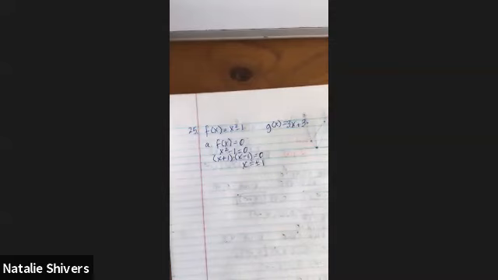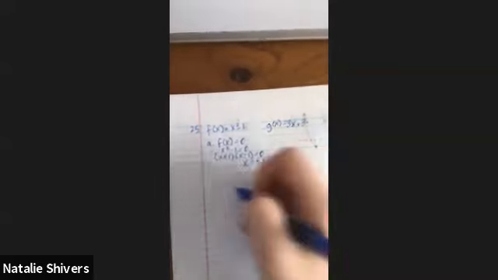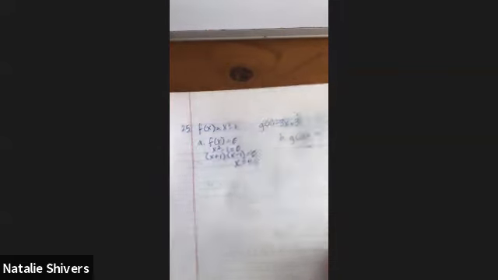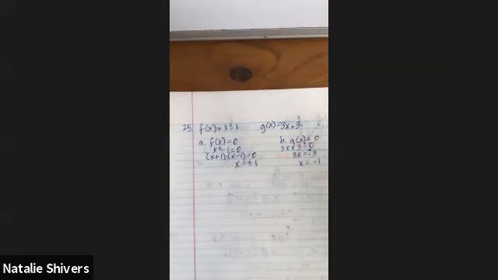Okay. So B asks, when is g of x equal to 0? So when is 3x plus 3 equal to 0? So 3x equals negative 3, and x equals negative 1. So pretty easy.